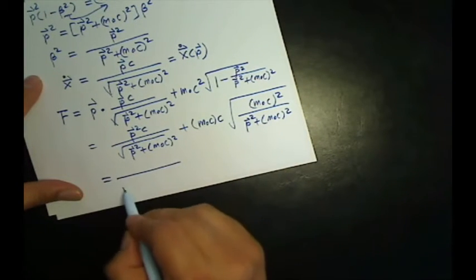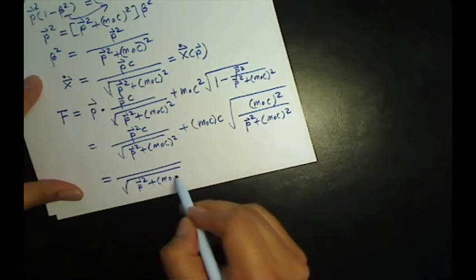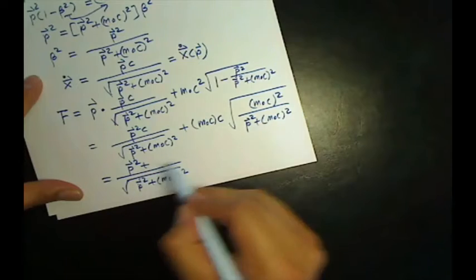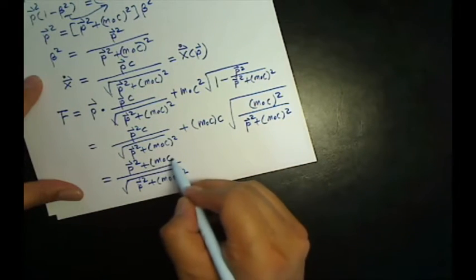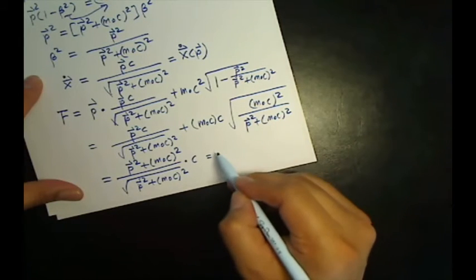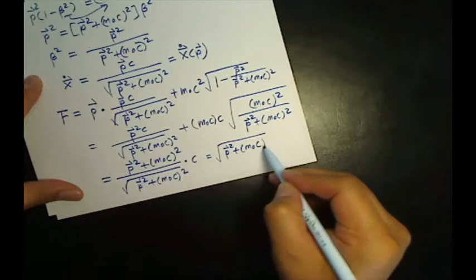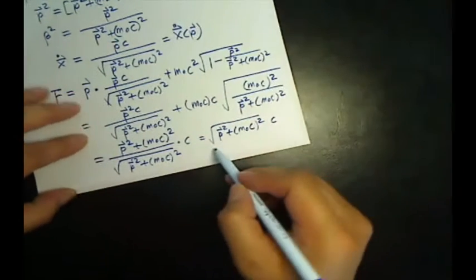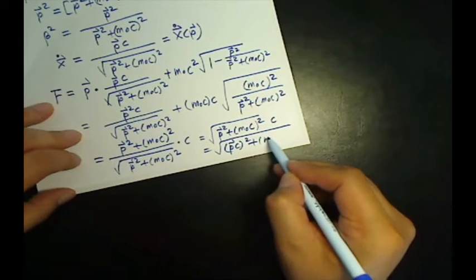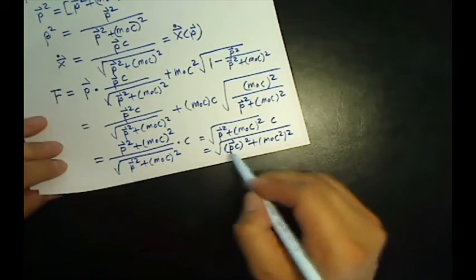If I combine the denominators, we have NC, and they cancel to find, and if we can insert c inside, like this. And this is expressed in terms of p only.